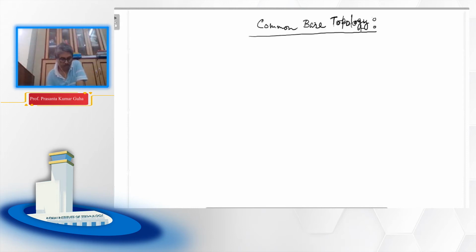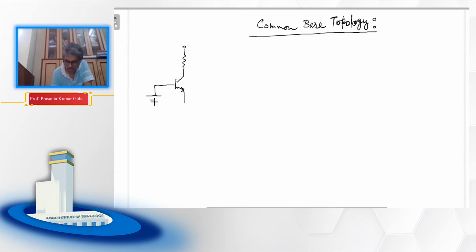Okay. Now in common base topology, as you understand from our discussion of common emitter, the base will be common between input and output. So we can straight away draw a common base circuit as an amplifier. In case of common base, your base will be common and it will be grounded, right?